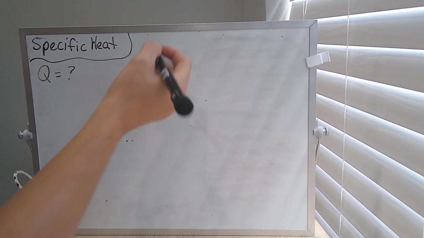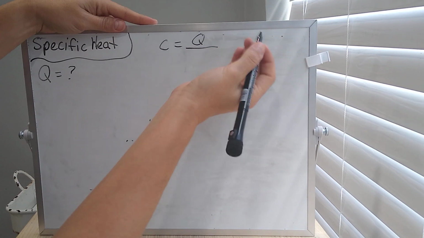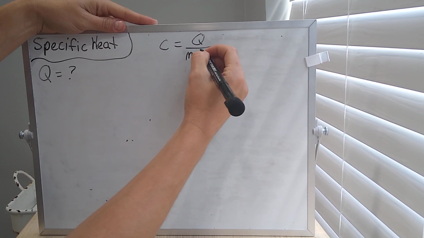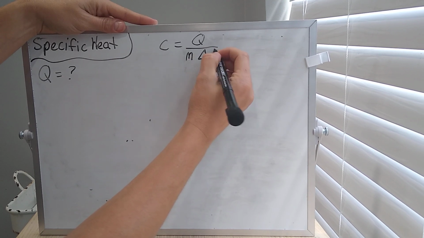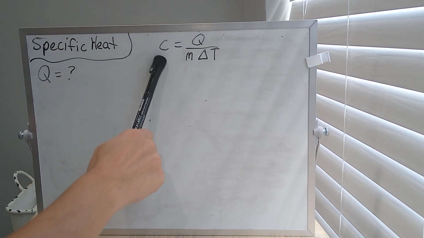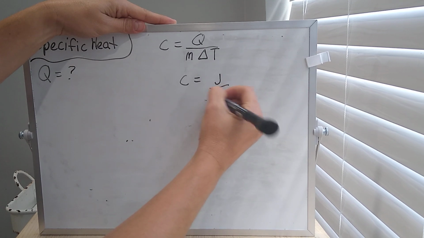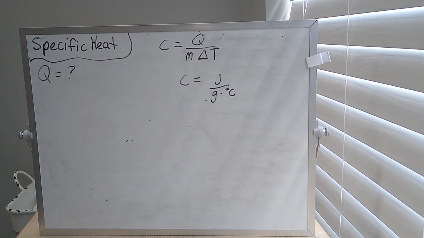If you know the formula for specific heat, it is C equals Q, heat, over mass in grams times the change in temperature. Okay, and that's going to be in degrees Celsius, because if you remember, specific heat is joules per grams times degrees Celsius. Whatever value you have with that, those are the units.